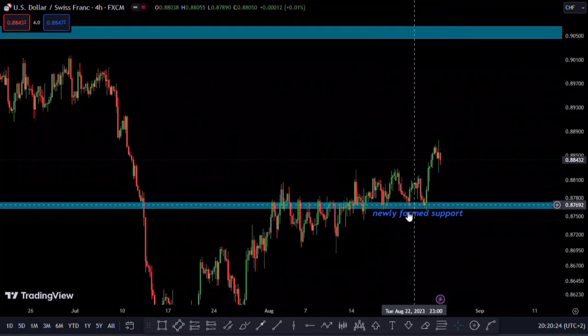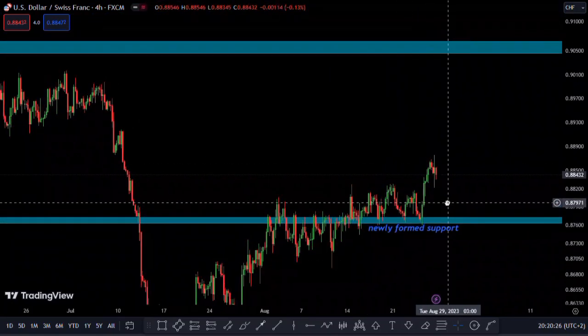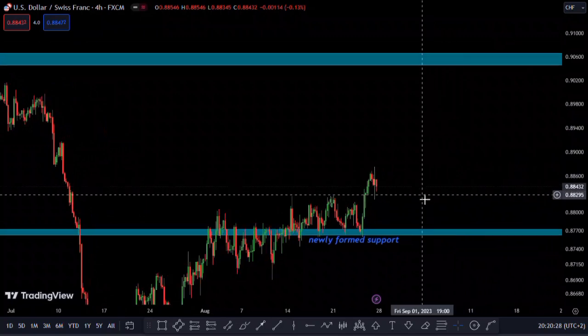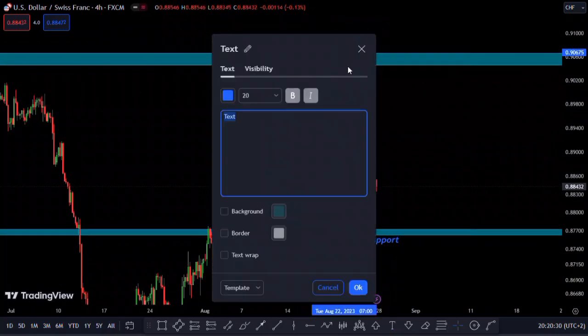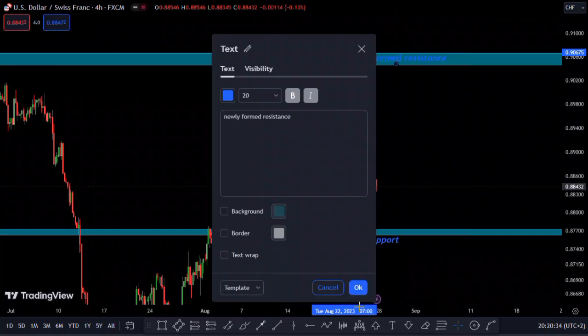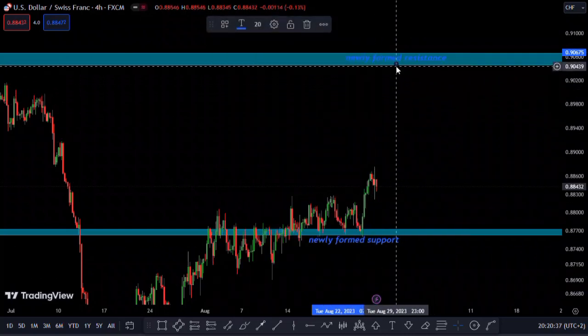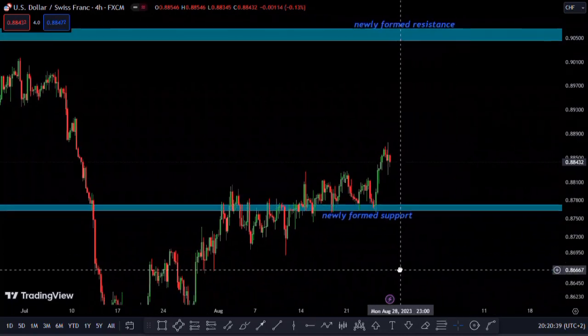So it's confirmed now that this is a support, so we are looking for buying opportunities to our newly formed resistance.